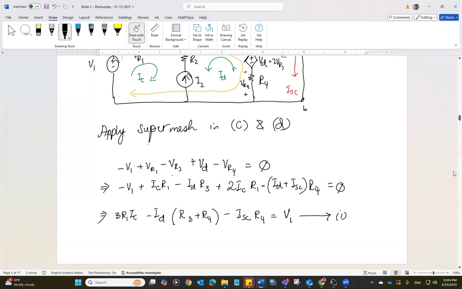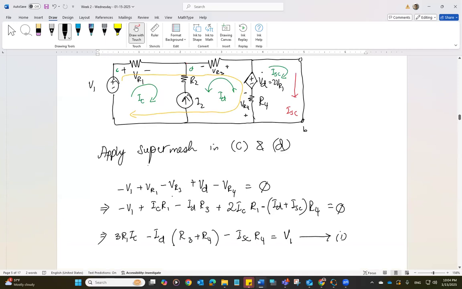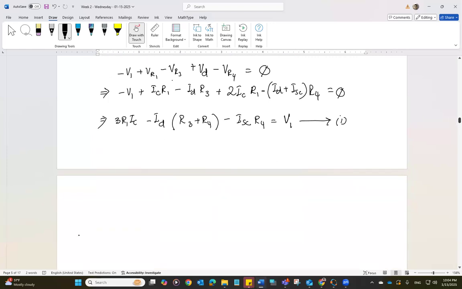For equation number 2, I'm going to write the KCL in the loop with the current ISC. Apply KVL, not KCL, sorry, KVL, in the loop with short circuit current.